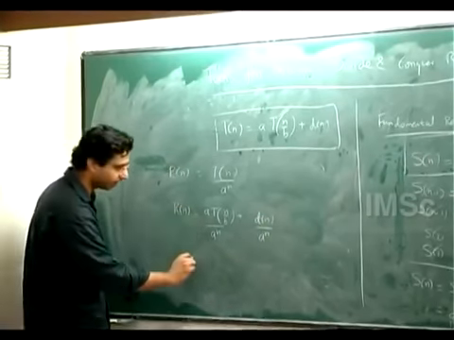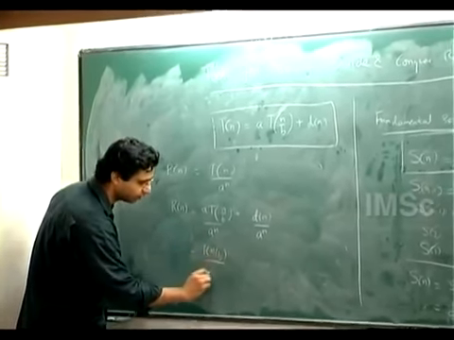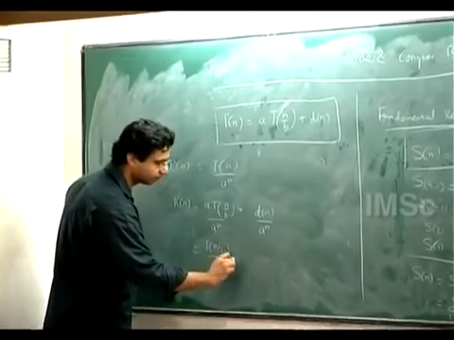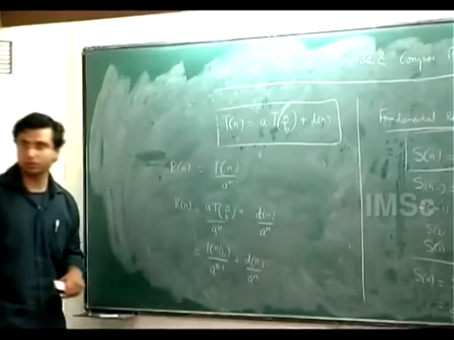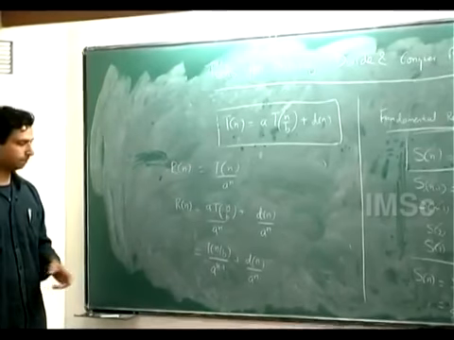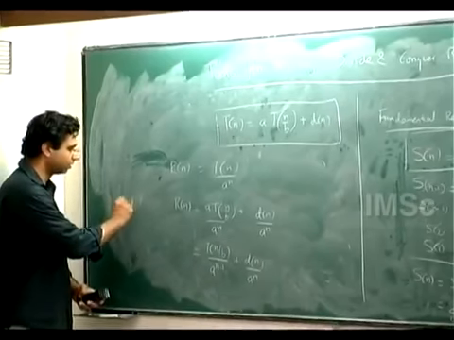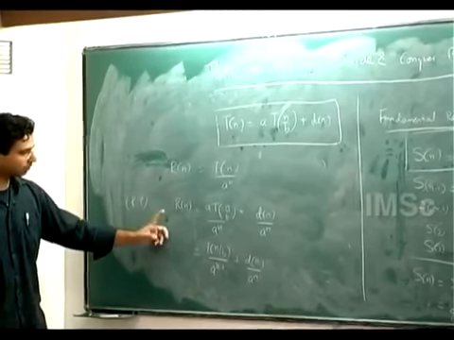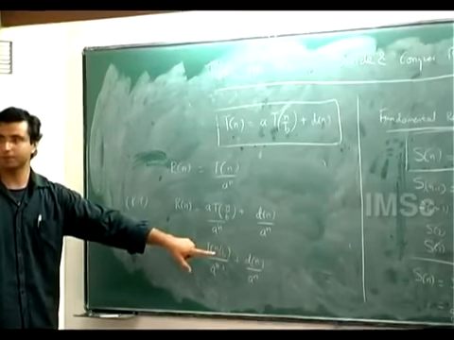And this a cancels out, I lose one a, so I get T of n by b over a raised to n minus 1, plus d of n divided by a raised to n. So I have applied the range transformation here, and now I have to apply the domain transformation to get rid of this n by b.